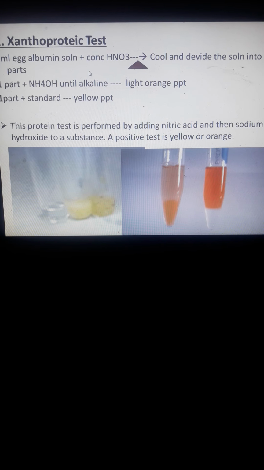Next, xanthoproteic reactions. 1 ml egg albumin solution plus concentrated nitric acid, you heat, cool, and divide into two solutions. To one part you add ammonium hydroxide, the other one is the standard, so it becomes light orange.